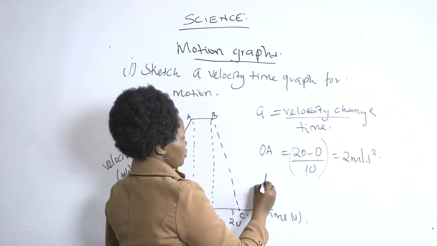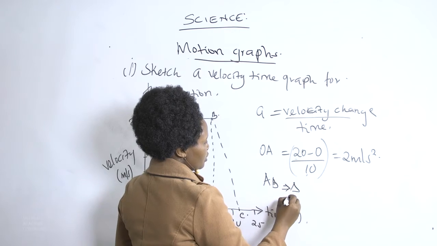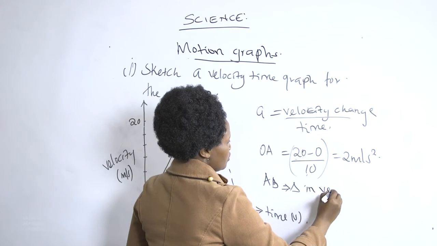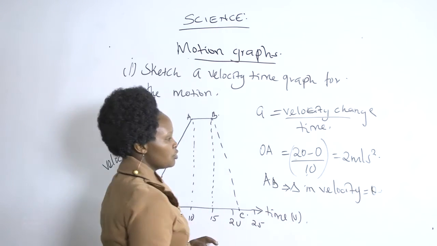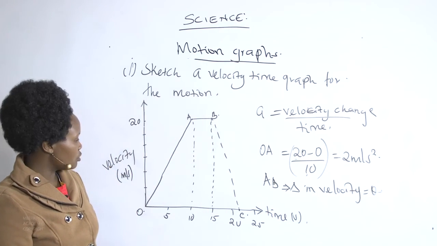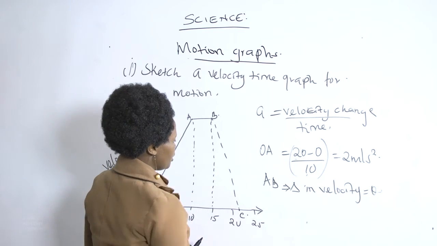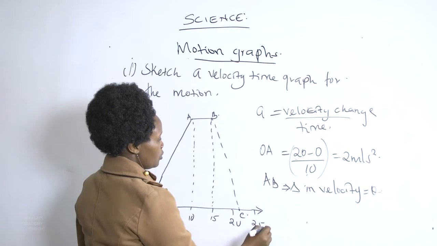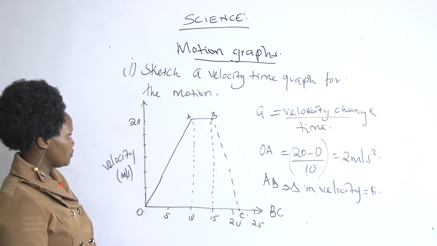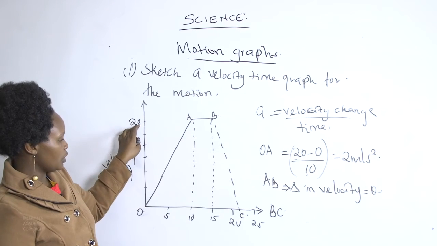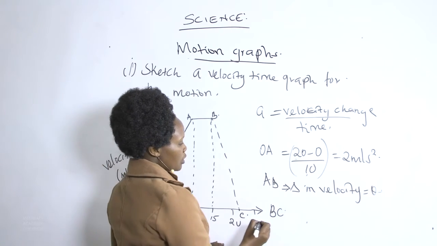On part AB, change in velocity is 0, which means that acceleration is equally 0. And the last bit of the journey, which is BC, velocity changes from 20 to 0 in 6 seconds.